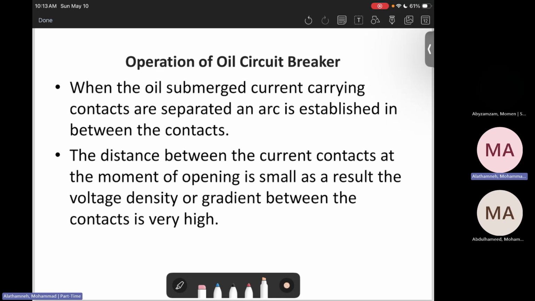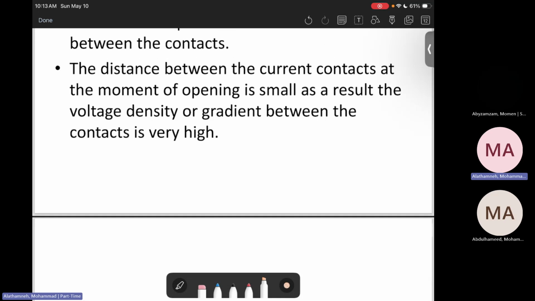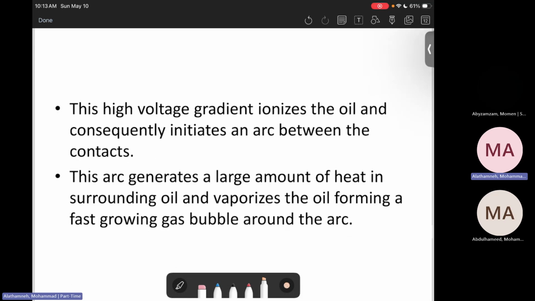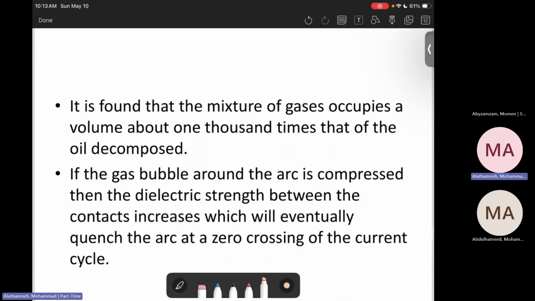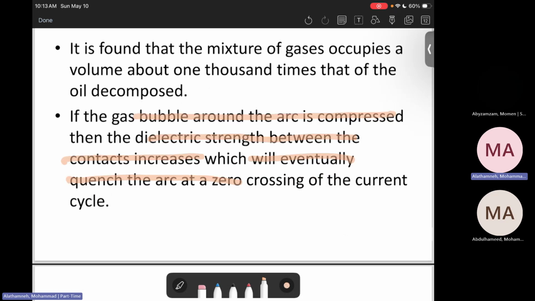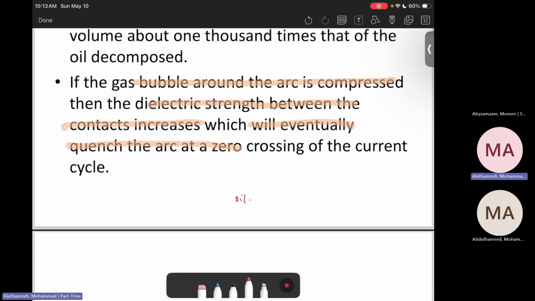Then the electric strength between the contacts increases, which will eventually extinguish the arc. So the overall thing about oil is that there will be gas bubbles, and these gas bubbles will extinguish the arc.